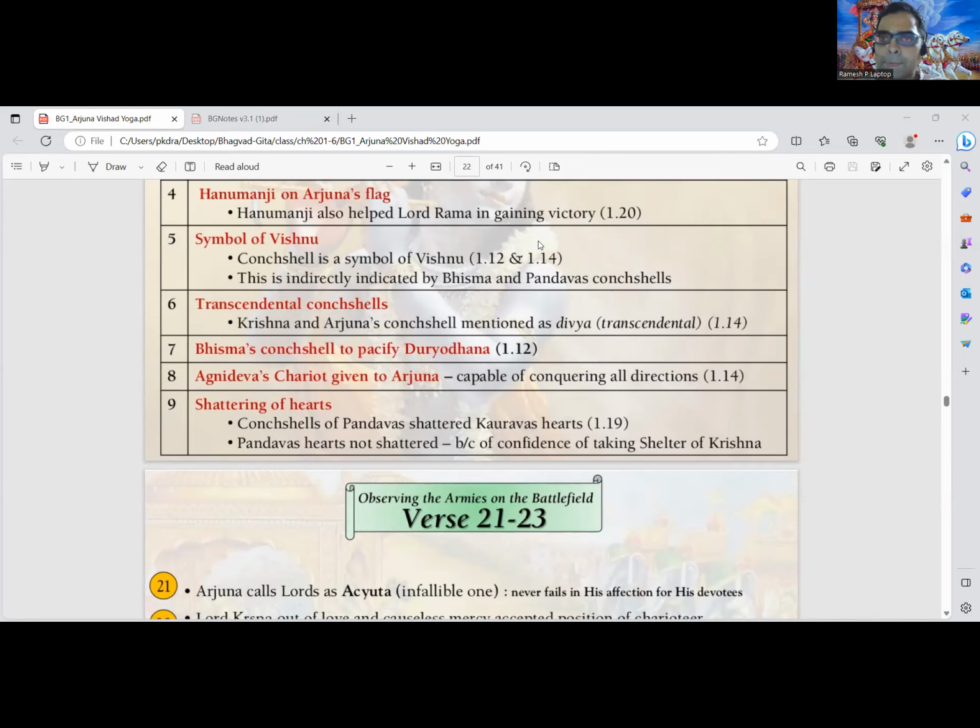Okay. Pankaj Prabhu, what are your thoughts? Thank you, Mataji. Hare Krishna Prabhuji. We know that Arjuna was a devotee of Lord Krishna, and he has been a very dear friend of Krishna also. So he knows that whatever happens, Krishna is infallible.